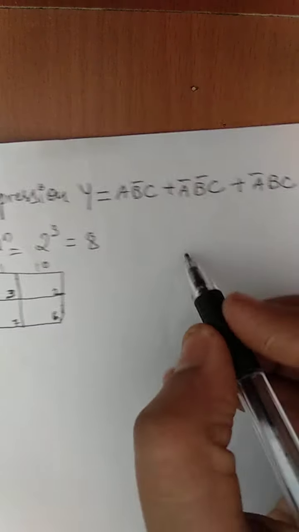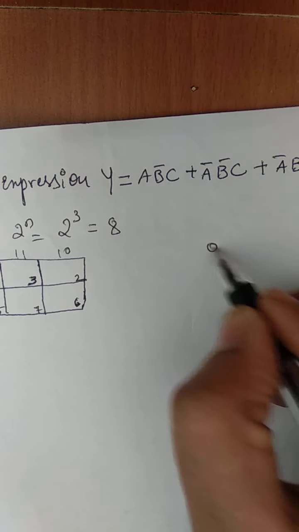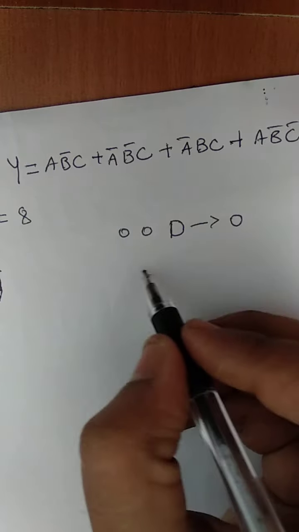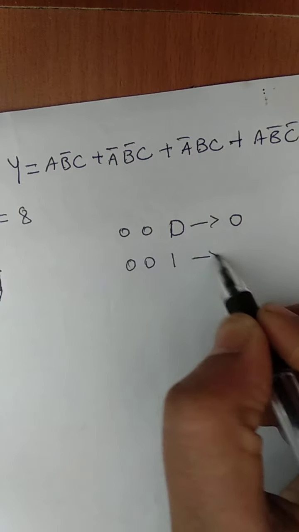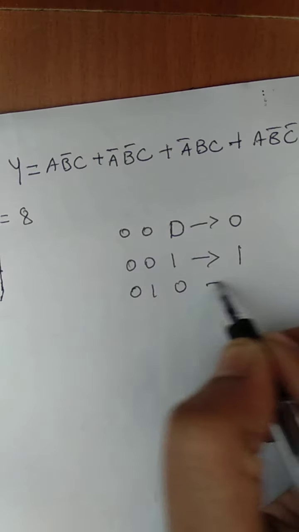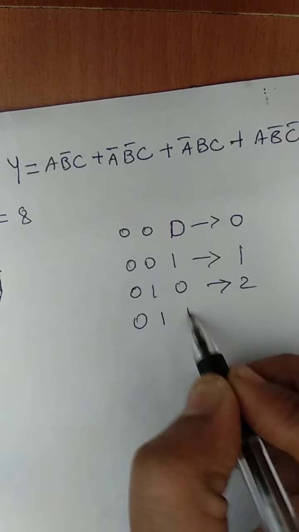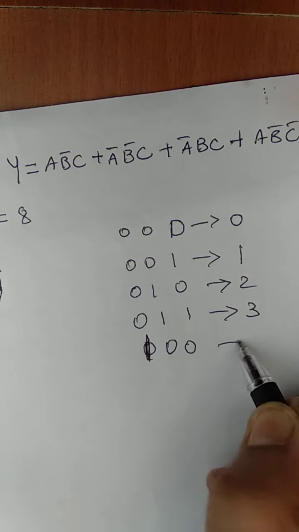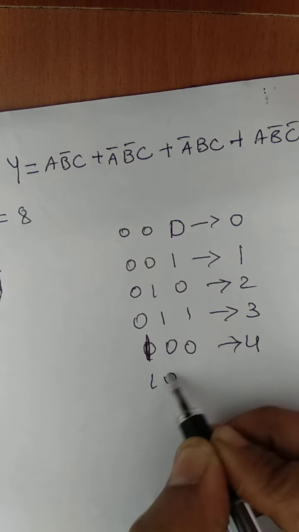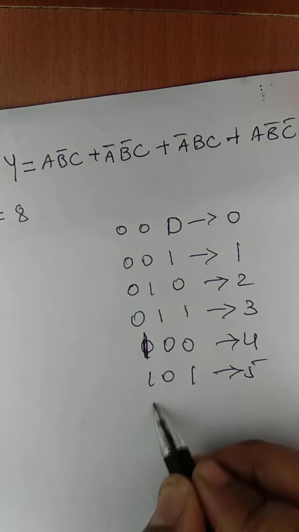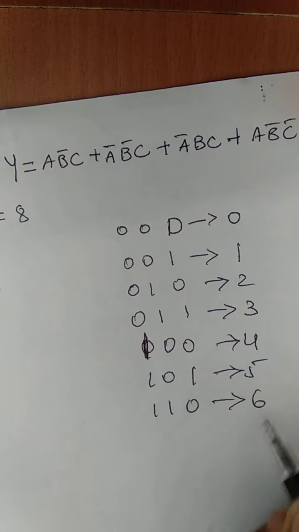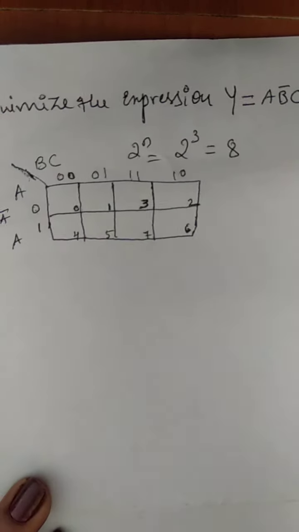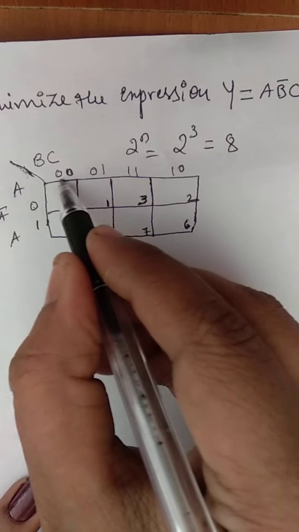I think you have studied the binary 0 to 7. 0, 0, 0 is 0, 0, 0, 1 is 1, 0, 1, 0 is 2, 0, 1, 1 is 3, 1, 0, 0 is 4, 1, 0, 1 is 5, 1, 1, 0 is 6, 1, 1, 1 is 7. In the same manner, I have given the cell value.